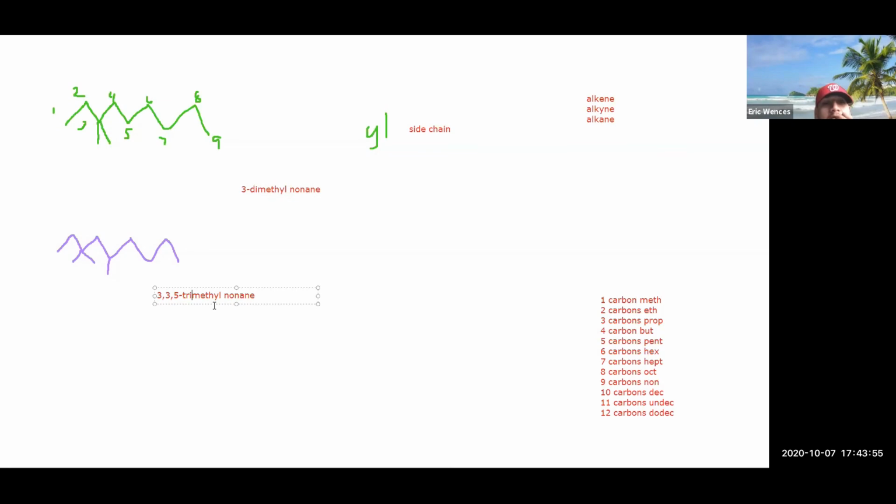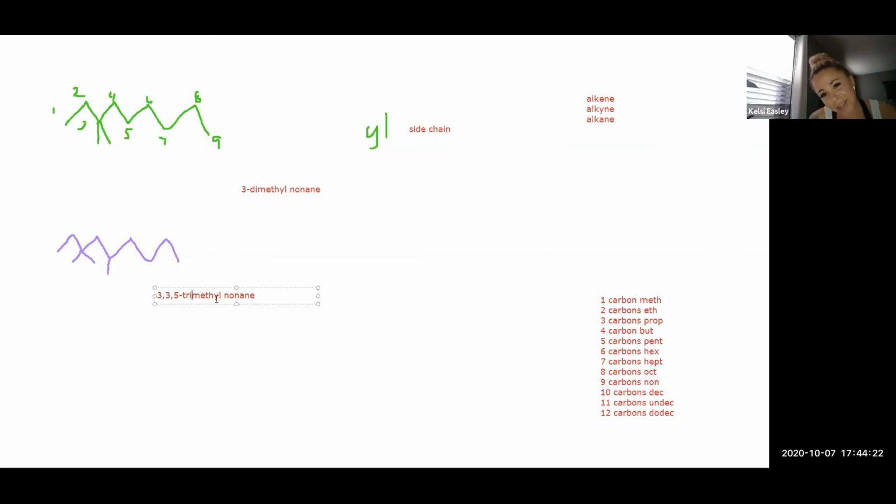Repeat that one more time. 2 at the 3, 1 at the 5, and so there's a total of 3 methyls. So I call it trimethyl. So would it be the same if you answered it the way we answered the first time? It technically would be correct, but it would be the least efficient way of writing it.